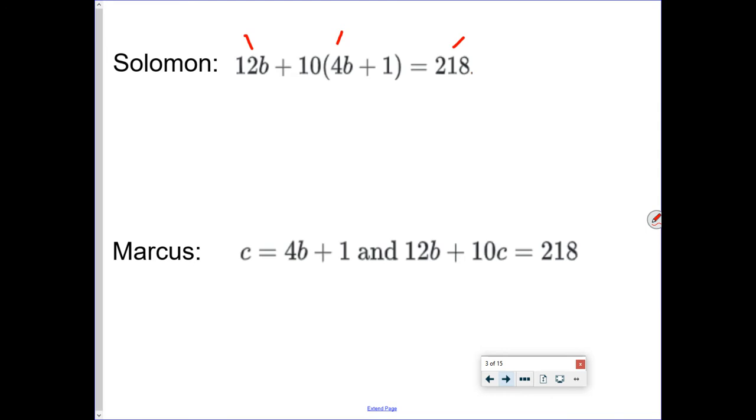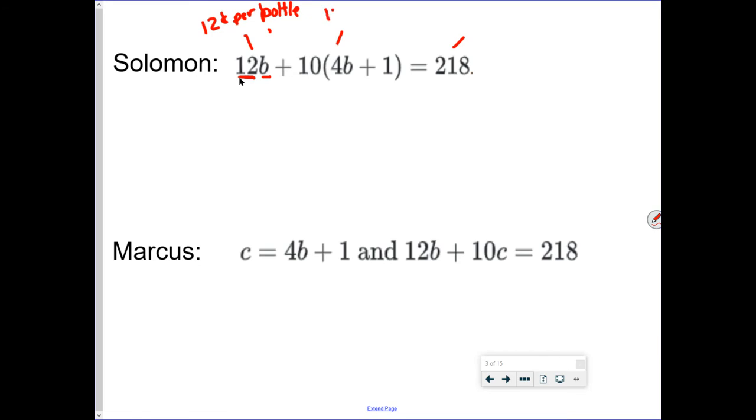Okay, so hopefully you've got that the 12B is the money for each bottle. He got 12 cents per bottle, and that's what it indicates there.